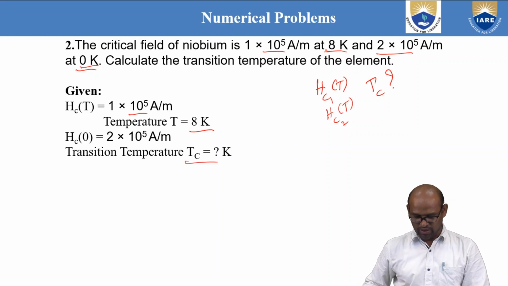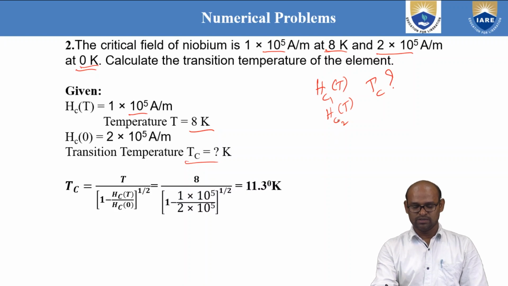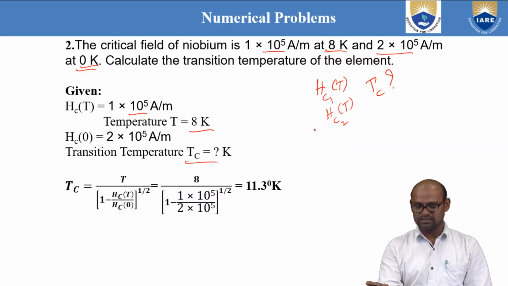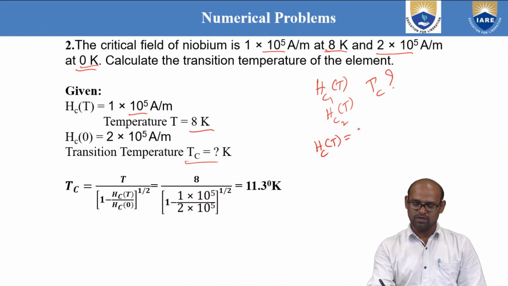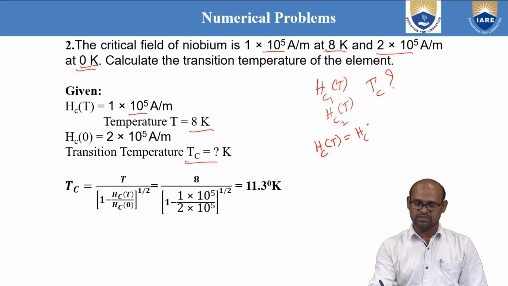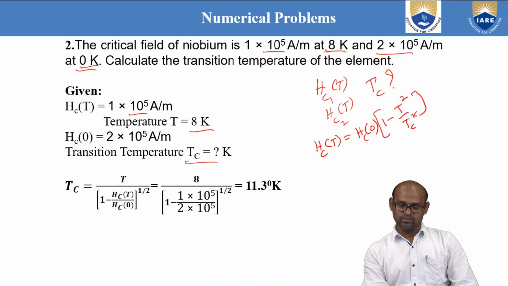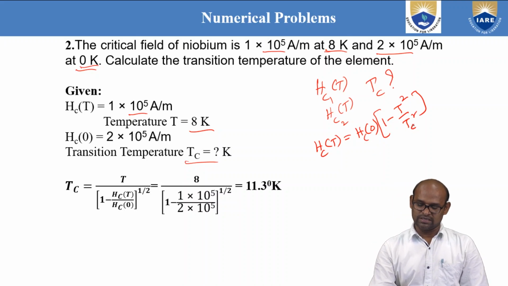Okay, so again we are going to use the same formula that we used in solving numerical problem 1: Hc of T is equal to Hc of 0 into 1 minus T square by Tc square. Using this equation, we can calculate Tc square or Tc. So we need to rewrite this equation.